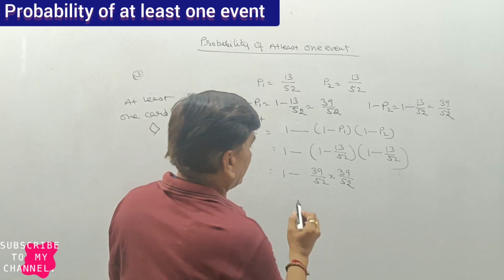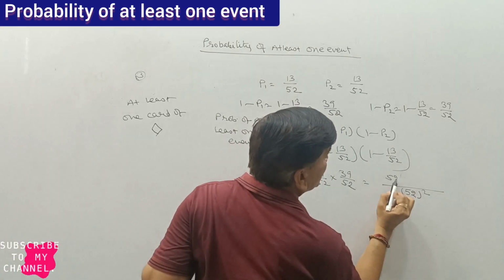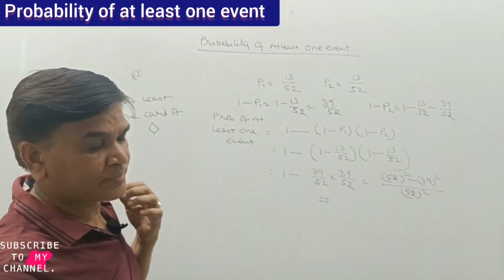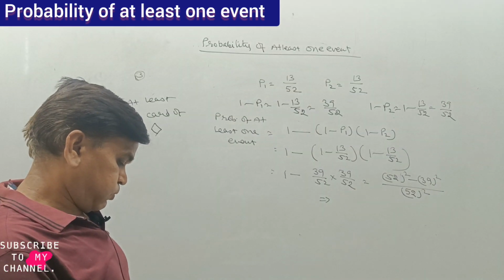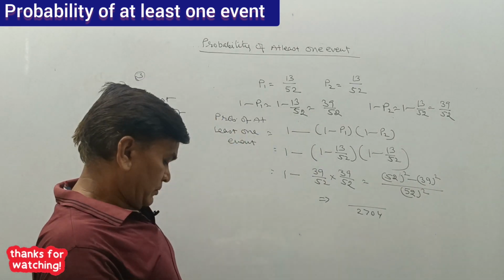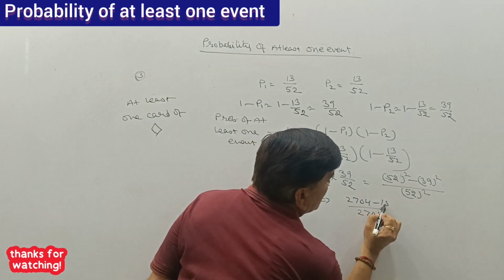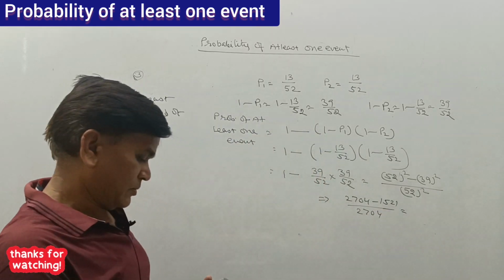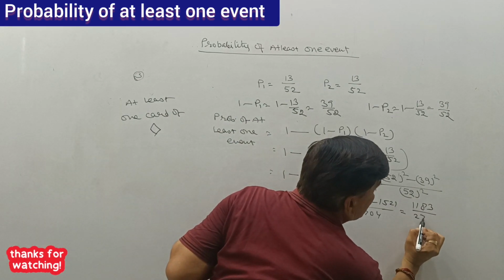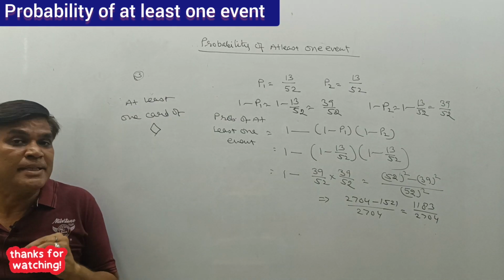So getting this, 52 raised to power 2 minus 39 raised to power 2. So the answer will be 2704 minus 1521, that is 1183 divided by 2704.